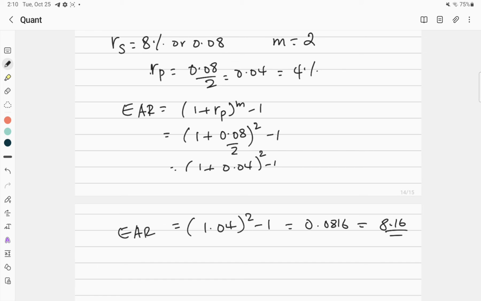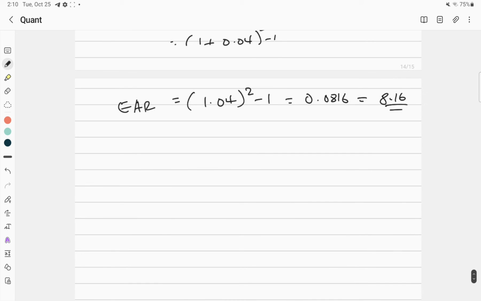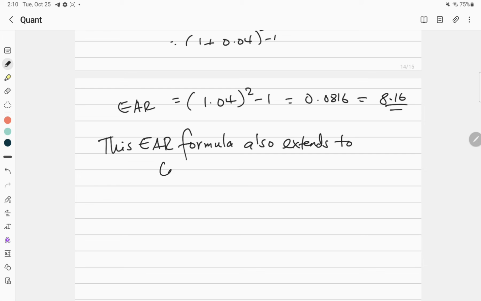Now, this EAR formula also extends to continuous compounding.